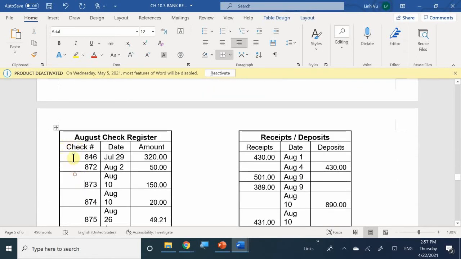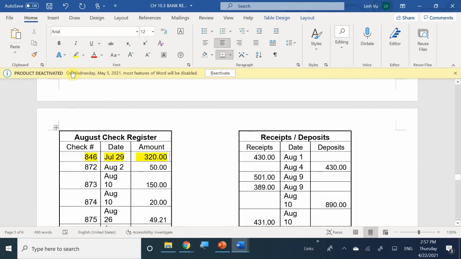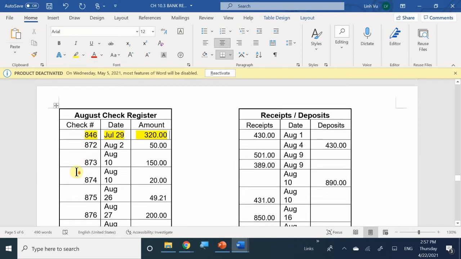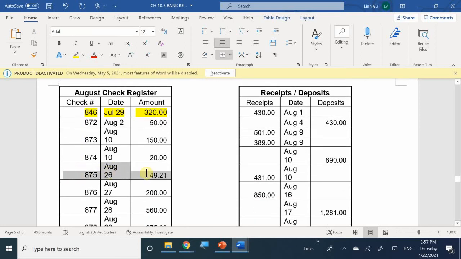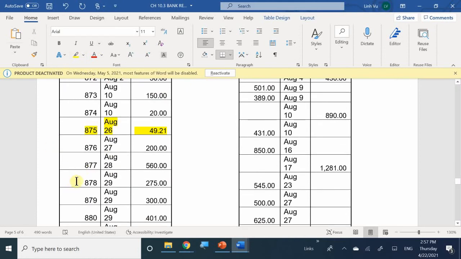Here, let's highlight them so we can keep track. Here, we are missing this one. Okay. We have 872, 873, 874. We're missing 875. We have 876, 877. We're missing 878.